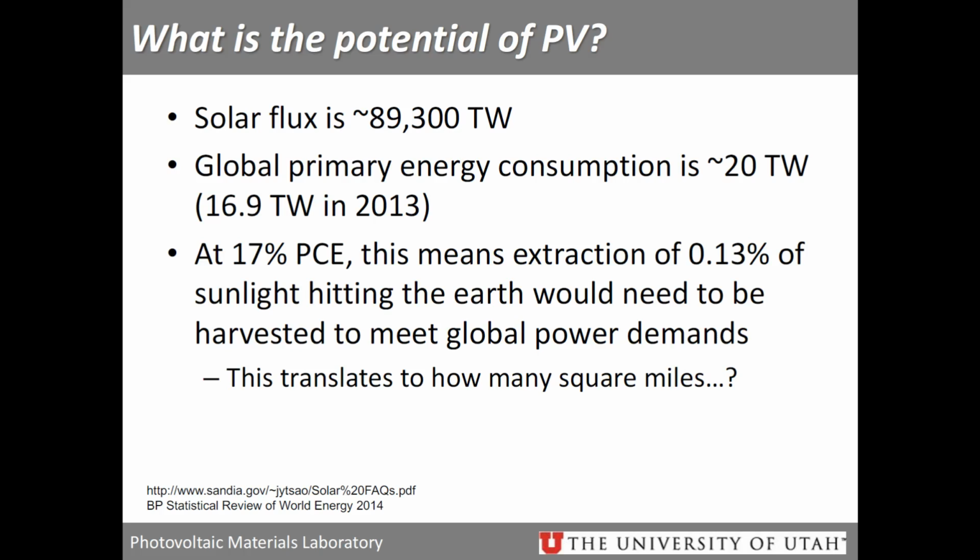So even with around 17% photovoltaic conversion efficiency, even if we extract only 0.13%, even less than 1% of the sunlight hitting the earth, this still translates to a lot of energy.